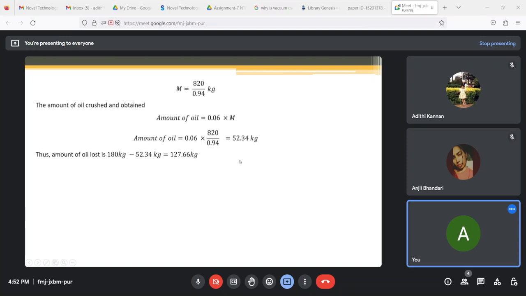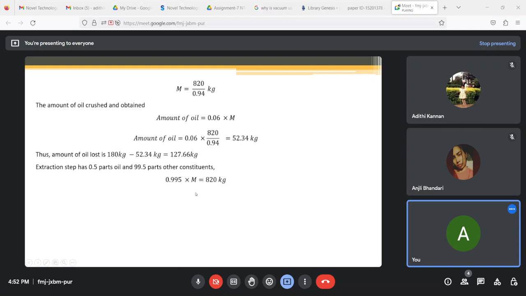After the crushing step, you are again subjecting it to a solvent extraction process. It is already given in the question that you have 0.5 parts oil and 99.5 parts other constituents. Since the other constituents are assumed to be constant, 0.995 into some other m.